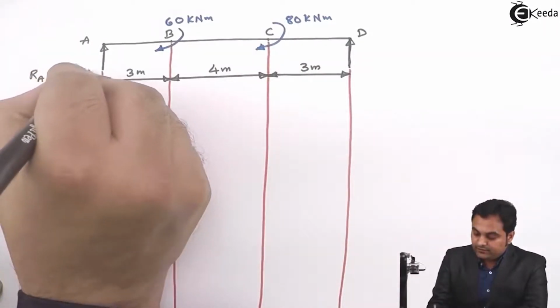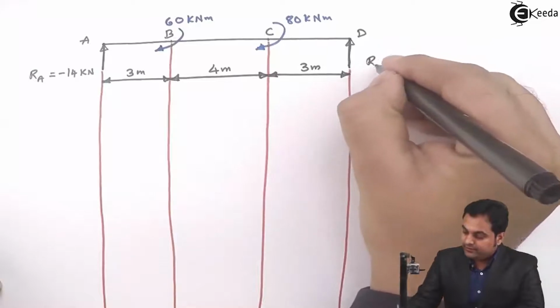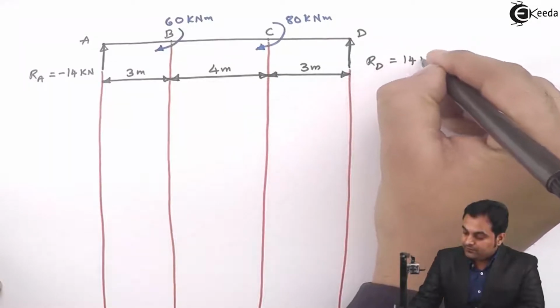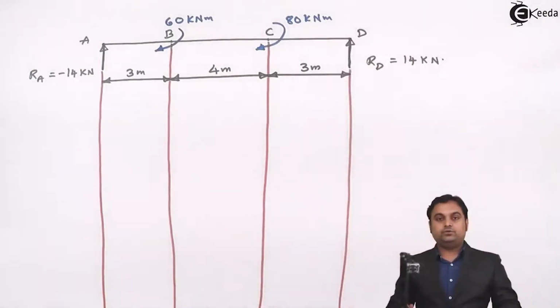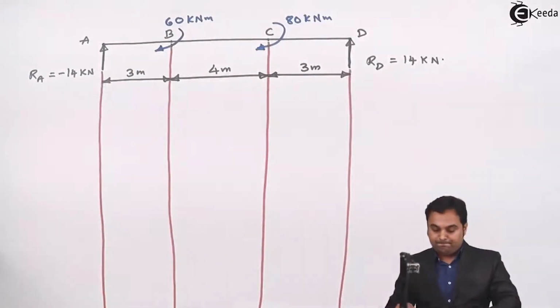At A it is minus 14 kilonewton, at D it is plus 14 kilonewton. Now, below this, we need to draw the shear force diagram.